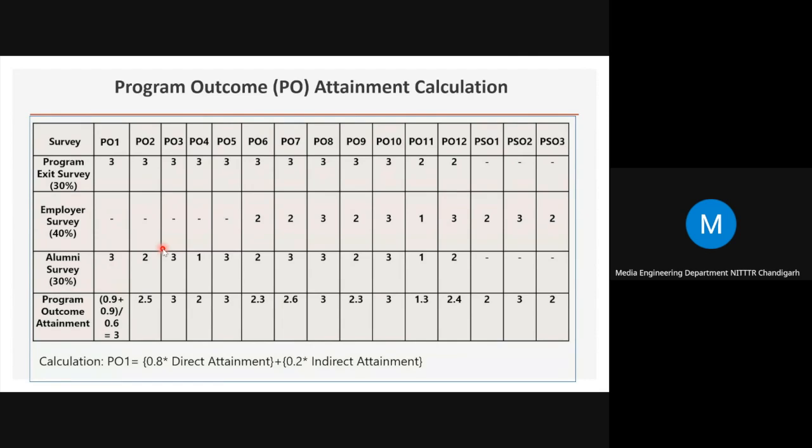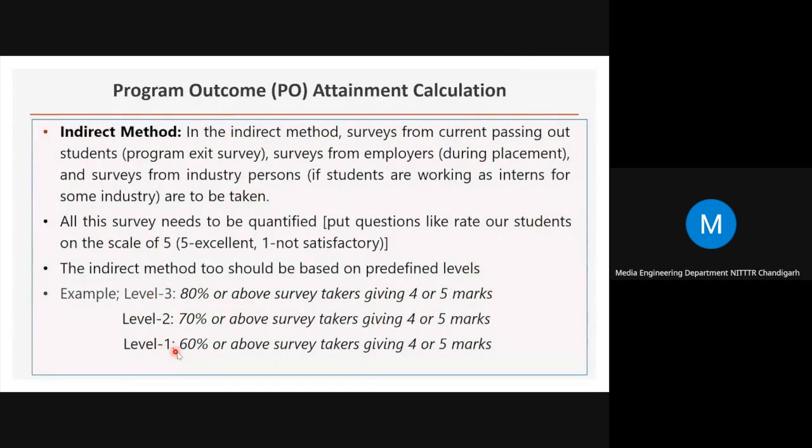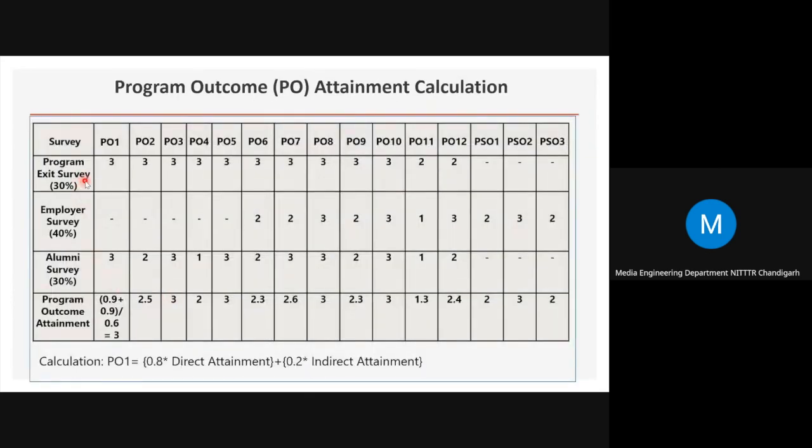Here we have considered that attainment is either level 1, level 2, or level 3, depending upon these responses. If we have one survey, then we'll have 1, 2, 3 only. But if we have more surveys, like program exit surveys, employer surveys, alumni surveys, then there will be quantification of individual survey responses, and finally we need to have the overall PO attainment.